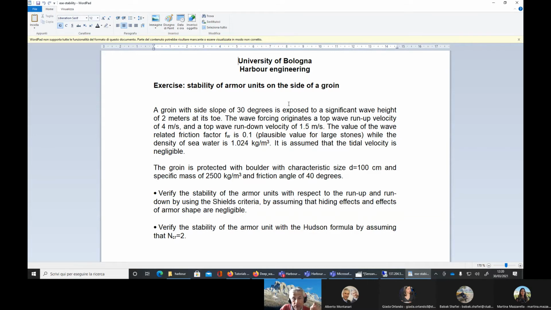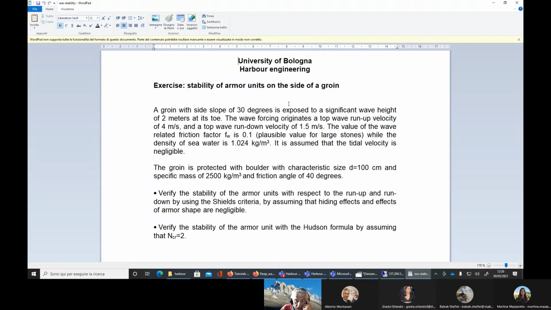It is assumed that the tidal and current velocity is negligible. The groin is protected with boulders with characteristic size D of 100 centimeters, a specific mass of 2,500 kilograms per cubic meter, and a friction angle of 40 degrees.